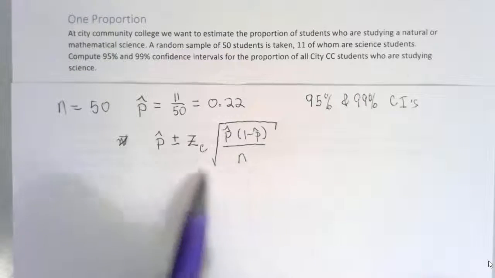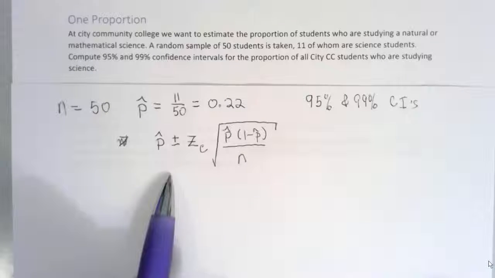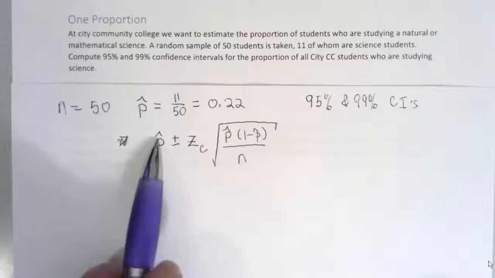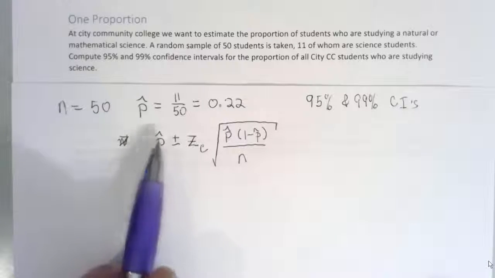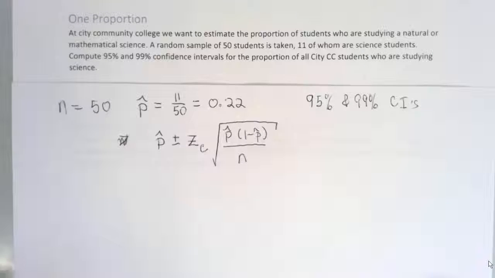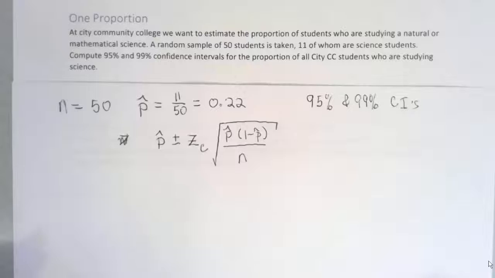Here is the formula for confidence intervals for a single proportion, and you'll want to remember that p hat means the proportion that we find in the sample, whereas p without the hat means the proportion that we find in the whole population. Well, we have most of this information ready to go here.